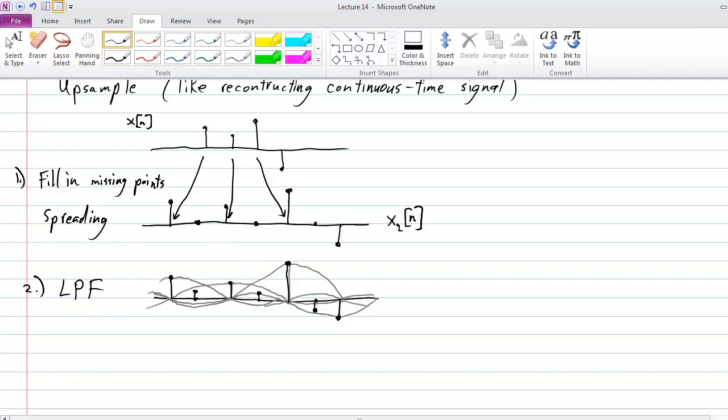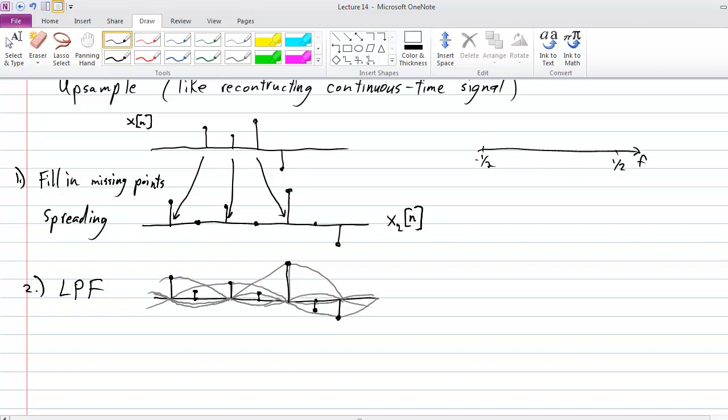Yes? How does the Fourier transform look when you Fourier transform? Okay, great. So here's a Fourier transform, with f going from minus a half to a half.